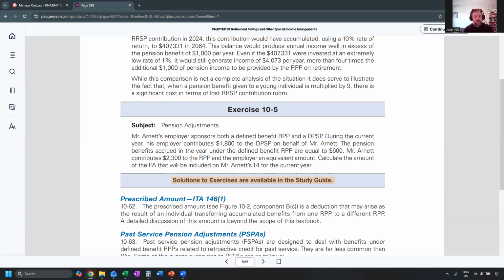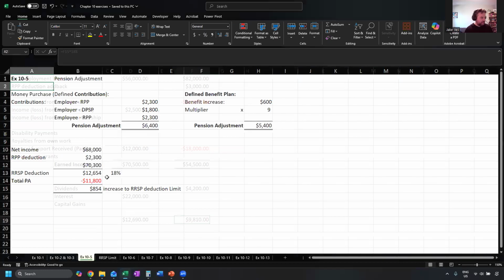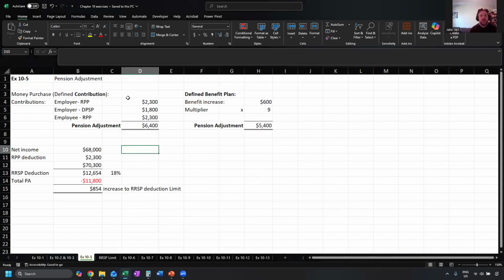The thing about contribution plans is they're often based on a matching principle. So because Arnett contributed $2,300, the work will contribute $2,300. So they usually say we will match up to a certain percentage of your income, say 2%. So what does that mean for the pension adjustment? We have benefit plans that have both forms.